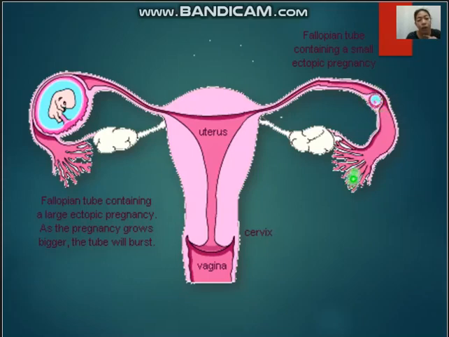Although very small lang siya, pero ang buntis na babae ana is very sensitive to pain, because the muscle here is not elastic or flexible. So, even a small foreign body, this growing embryo in this portion, should not thrive. Otherwise, if it grows bigger, the tube will eventually burst or rupture.